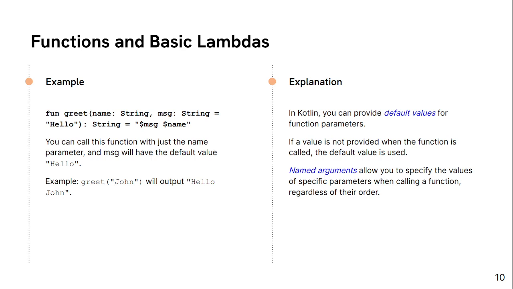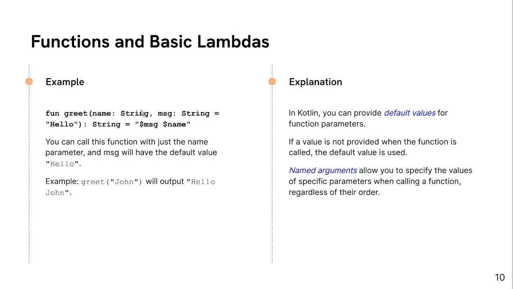Okay, then the function parameter can be associated with a default value. So Kotlin also supports default and named arguments, making function calls more readable and versatile.